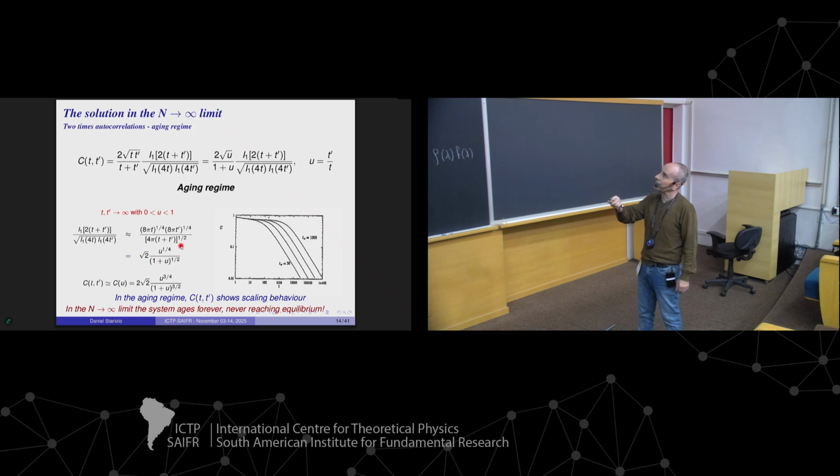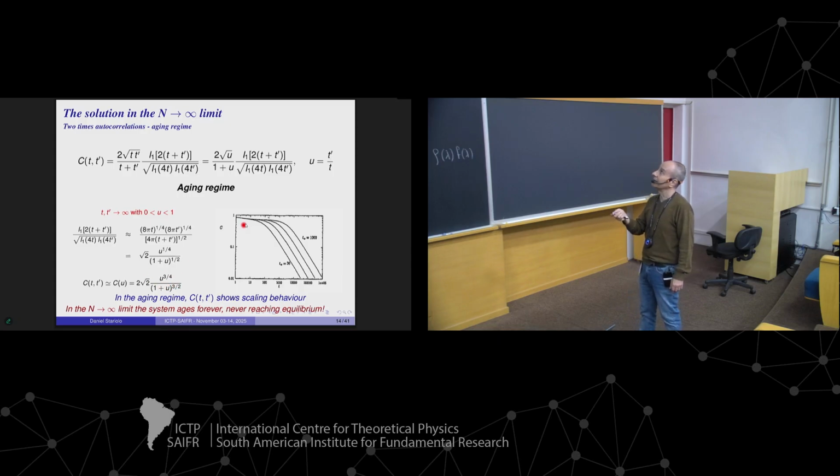And if we do that, again, it is an exercise, you will see that this quantity depends only on u. Well, we can plug it again here. The other part, it is easy to see also that it will only depend on u. So the autocorrelation function is a function of a scaling variable, that is this t waiting over t. In particular, it goes algebraically with u. Say if u is very small, it goes as u to the 3/4.